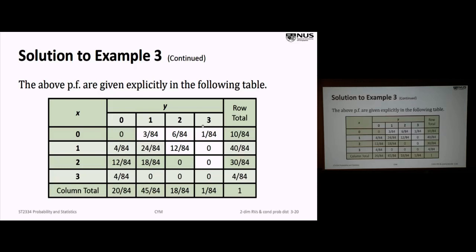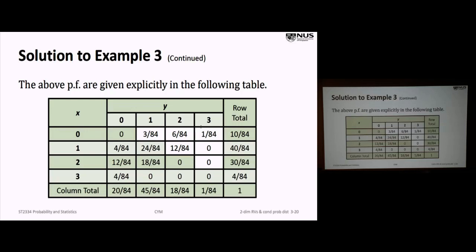Again here Y is 3, X is 1, so 3 plus 1 is 4. And of course they can't both be 0, because there has to be at least one individual who's chosen who's married or never married, because there are only 2 divorced individuals. So this one is also 0.